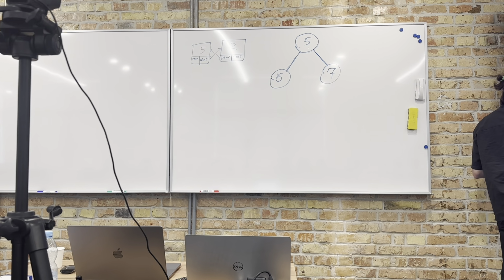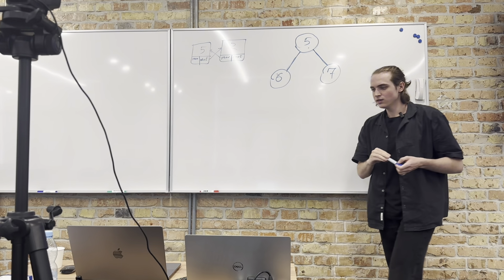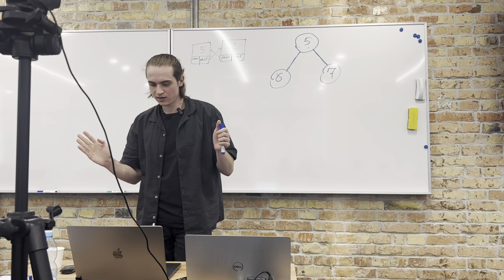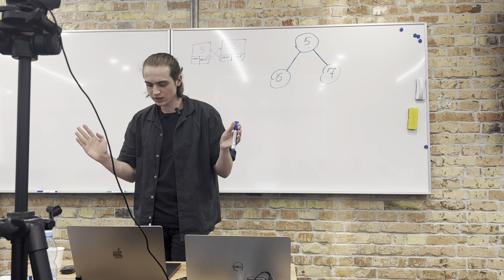And if we create one more element here, the height of our tree will be 4. But right now, who can tell me what's the height of this tree? 3, right. So it's the basics of binary trees.